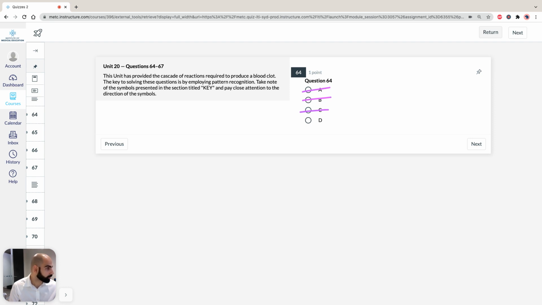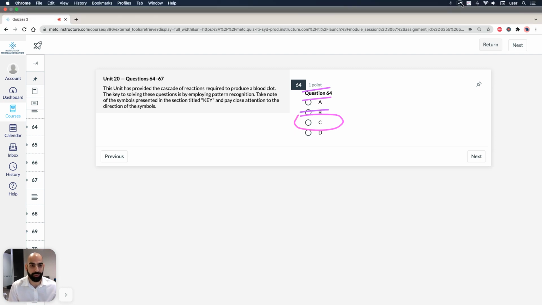Thrombin, if we take a look at the image here, well, factor 5 is involved in helping factor 10A in converting prothrombin to thrombin, but thrombin is definitely not a precursor for factor 5, so it is incorrect. Therefore, neither A, B, or C are correct because it's not providing the stimulus, what the precursor for factor 5 is. So that's the answer for 64.